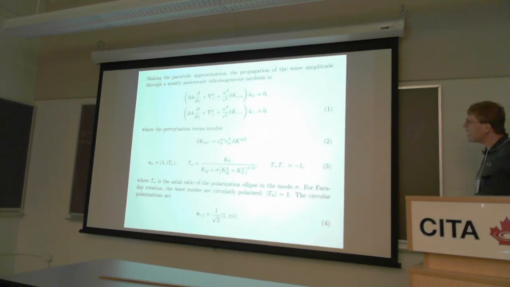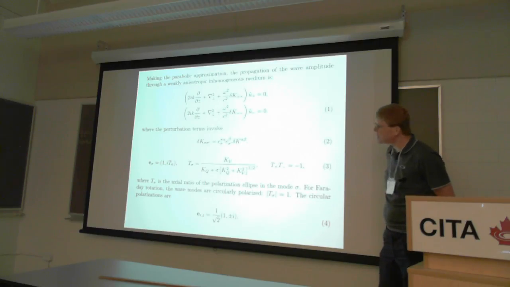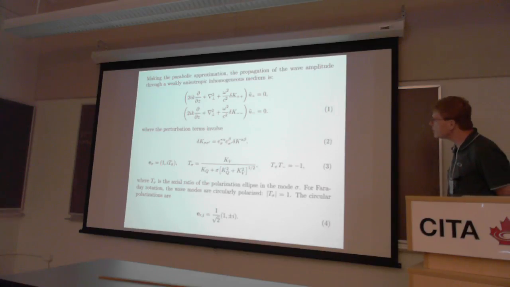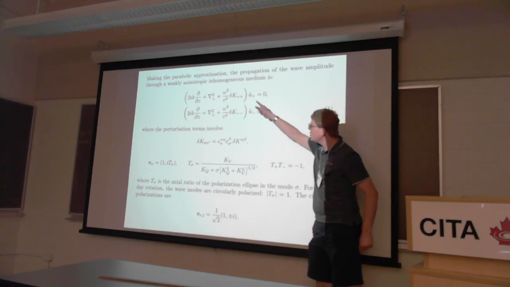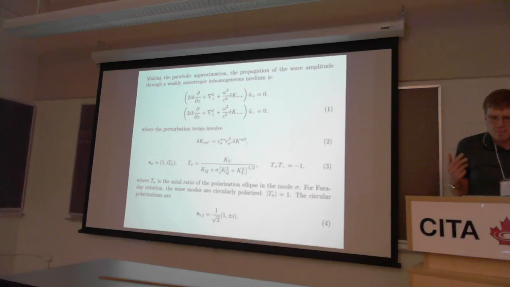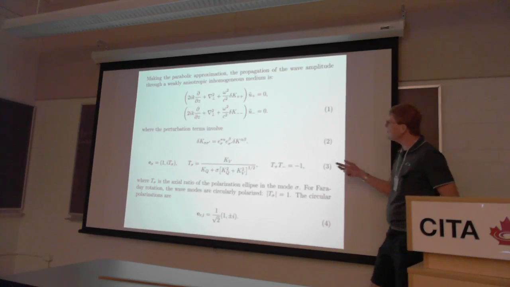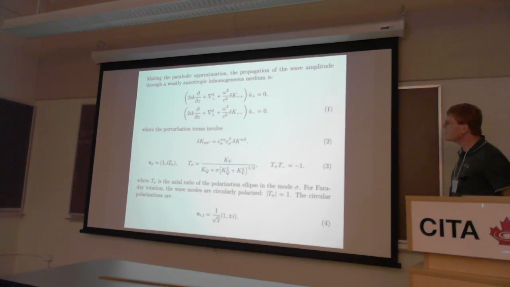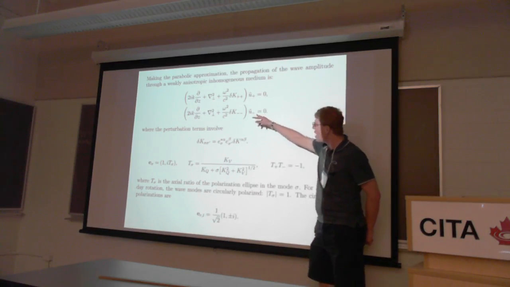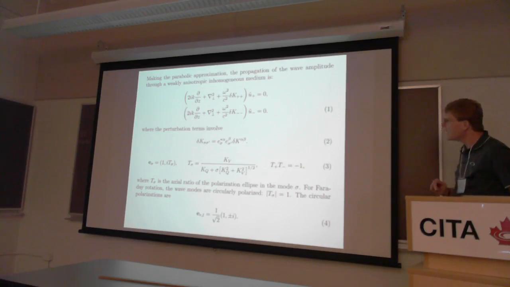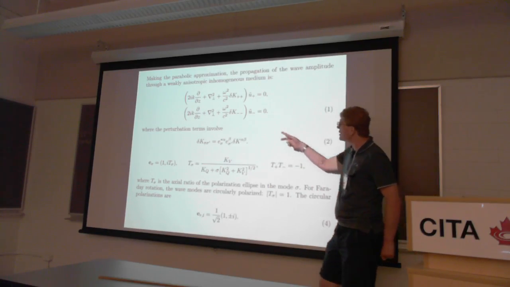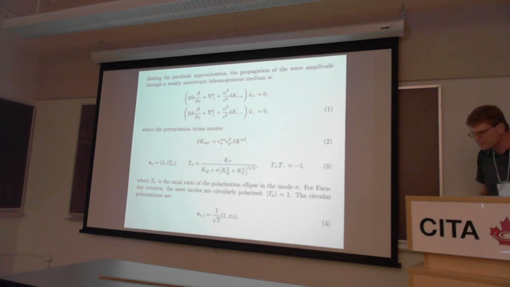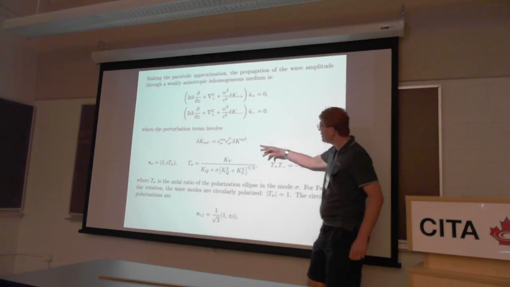If we specialize that to the conditions that apply for a cold plasma in the interstellar medium, you end up with two separate equations, one for what I've labelled U plus and U minus, and these correspond to the right and left-hand circular polarization. So I've decomposed the wave field, as I'm free to do, into the right and left-hand circular polarization, and I've now got terms that link these wave fields to the perturbations in the dielectric tensor.